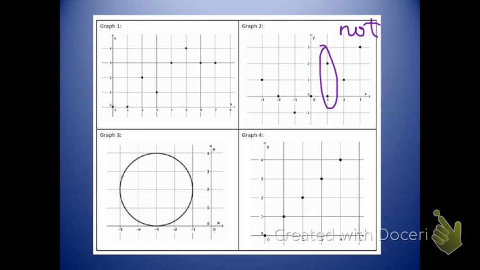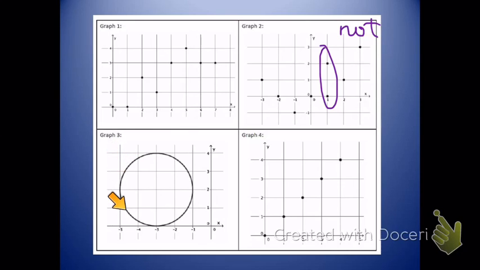Graph 3 is also not a function because you can see every input down right here, every input has, well, almost except for this one, 2 outputs. So this is a graph of a circle, obviously. So this is not a function, even though it obviously has a mathematical rule that's defining it.